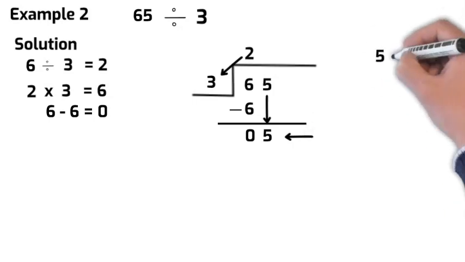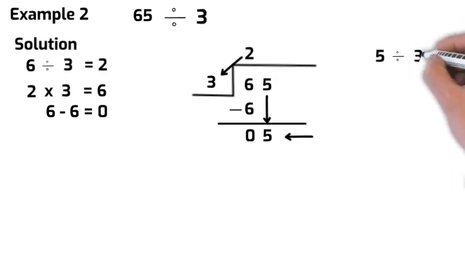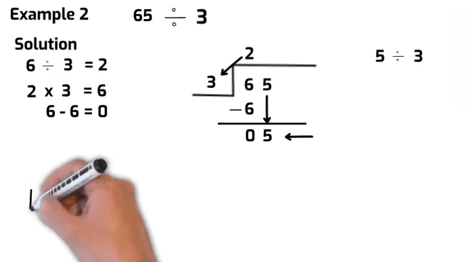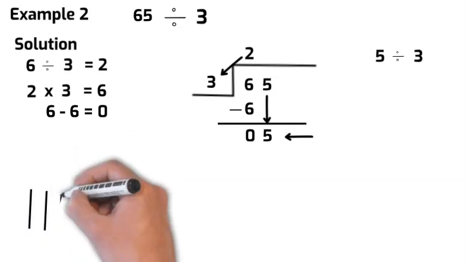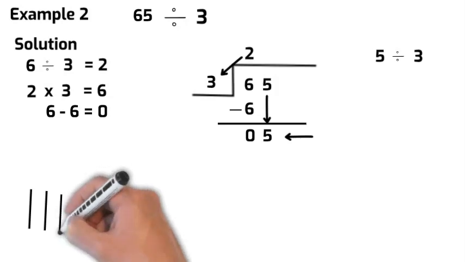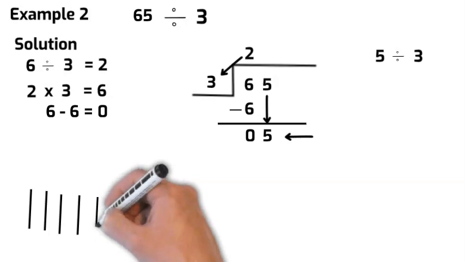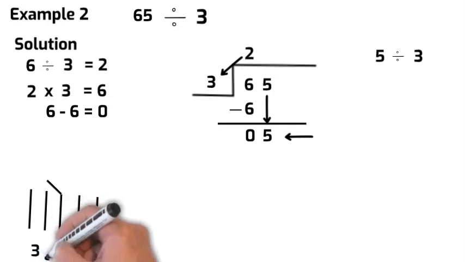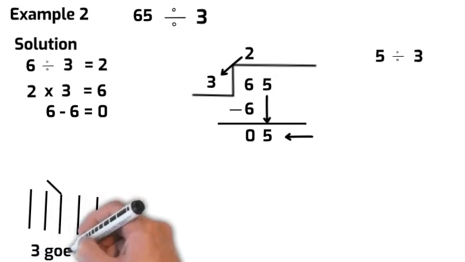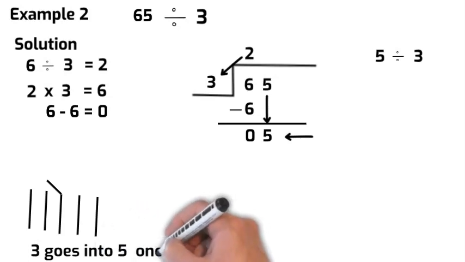This is the number we are going to work on. So we say 5 divided by 3. 3 is our divisor. So 5 divided by 3 is what? Count with me. 1, 2, 3, 4, 5. How many times will 3 go into 5? 1, 2, 3. 3 goes into 5 once.